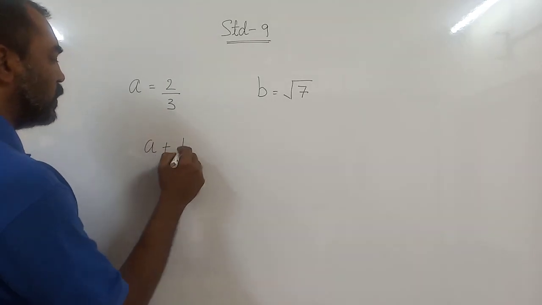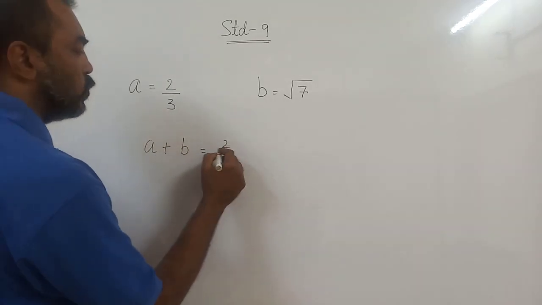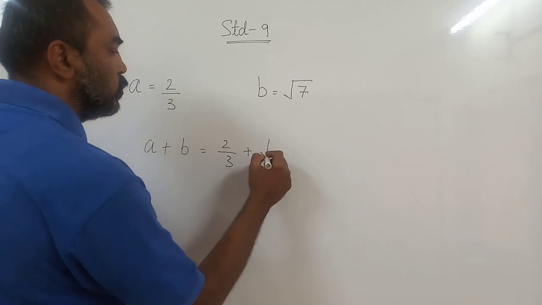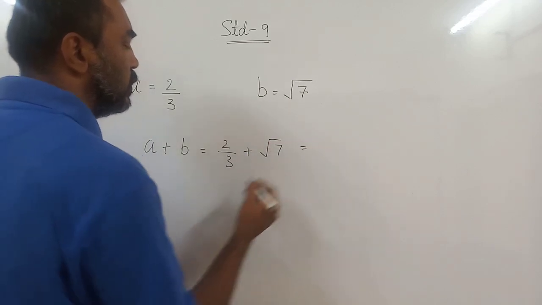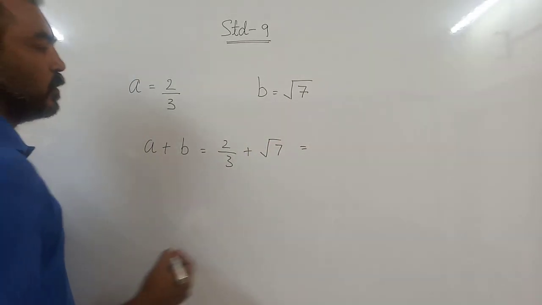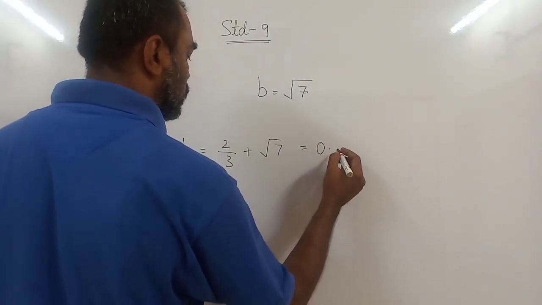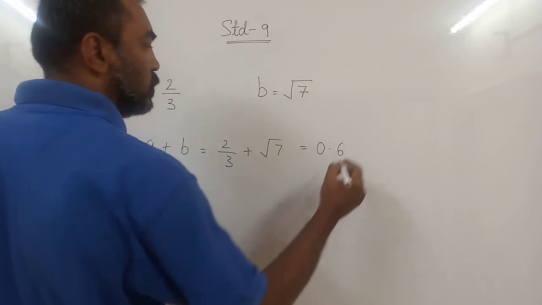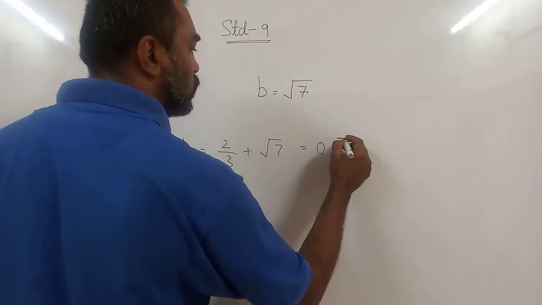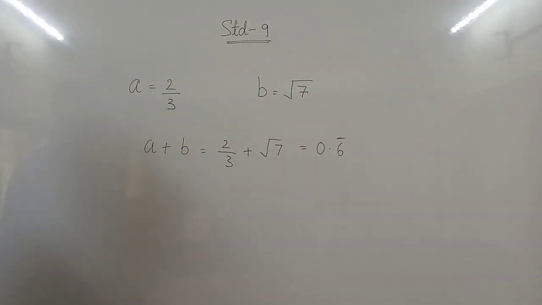When I do a plus b, I get 2 by 3 plus root 7. What is 2 by 3? 2 by 3 is 0.66 and so on. So 0.6 bar. Right? But what is root 7?